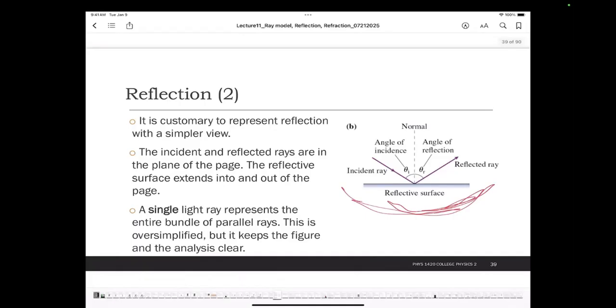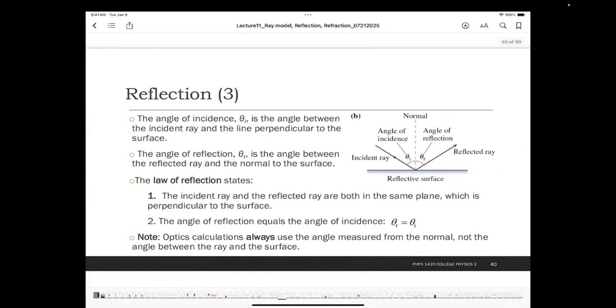Okay, let's continue. This is the angle of incidence, the angle between the incident ray and the normal. This is the normal, the line perpendicular to the surface. We call this the normal line, and this angle we call the angle of incidence.